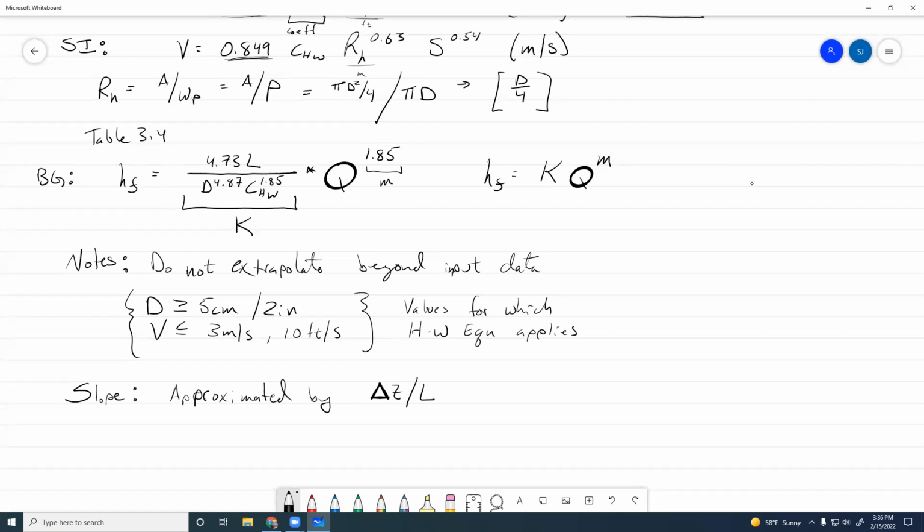Rise over run. But if you look up at the energy equation, what we're actually interested in is what's called the friction slope, which we denote as S sub F, and that's equal to your change in energy over a length.